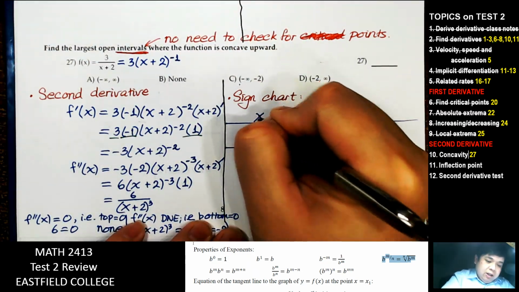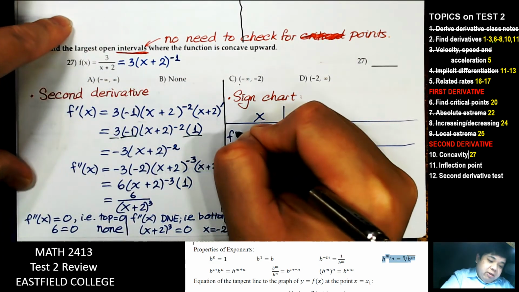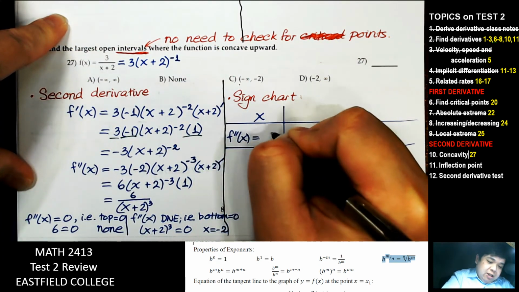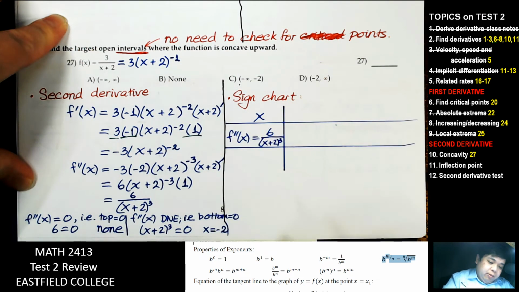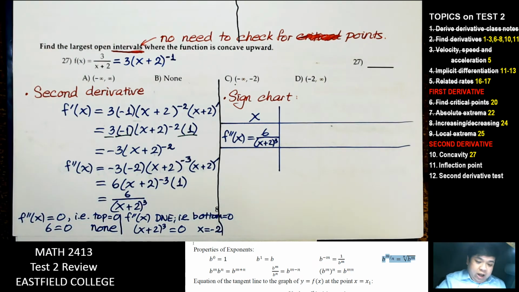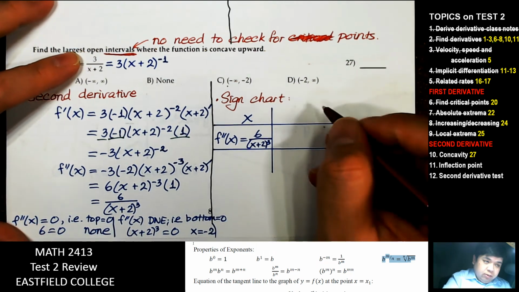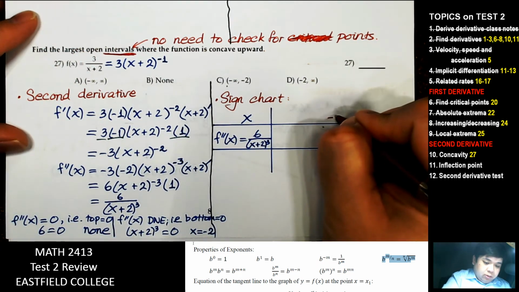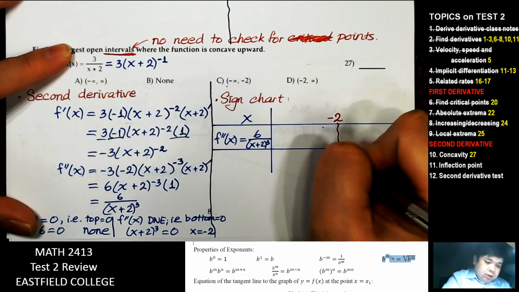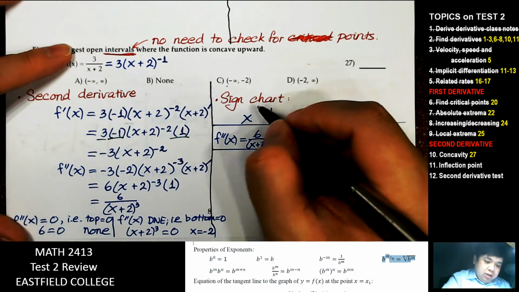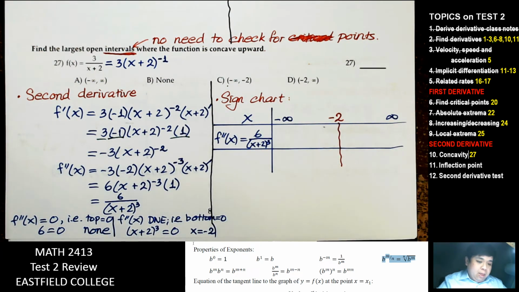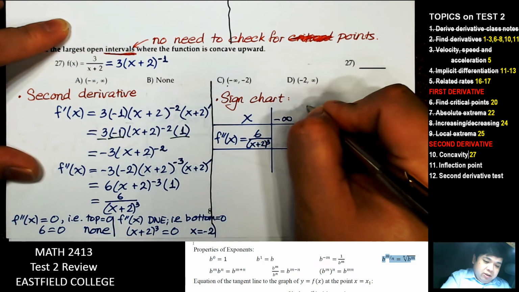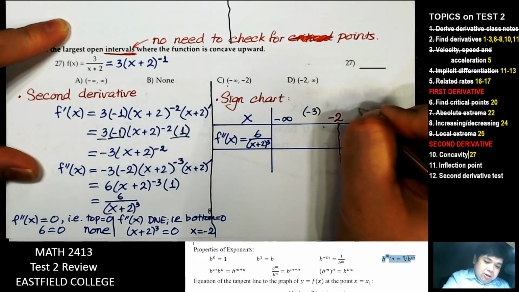Right. Here we have the second derivative, 6 over x plus 2 cubed. Right? We have negative 2 to divide the number line. Then we pick a point in each part.